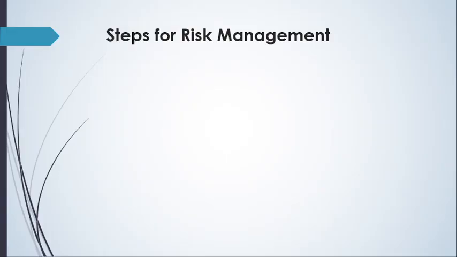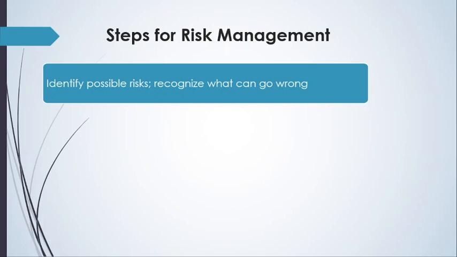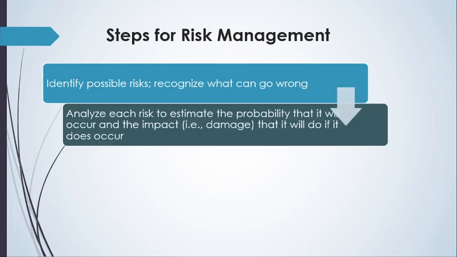First of all, let's start with the risk management steps. Identify the possible risks, recognize what can go wrong, and analyze each risk to estimate the probability that it will occur and its impact.